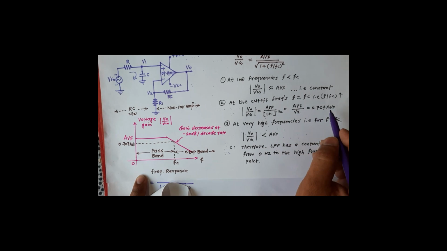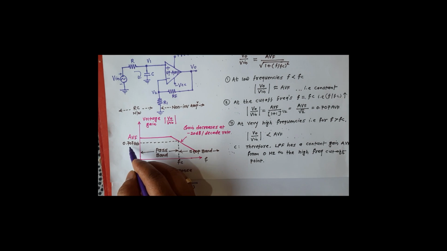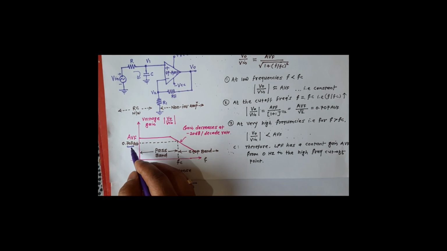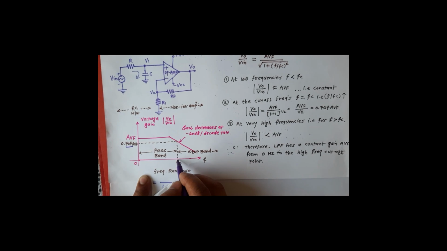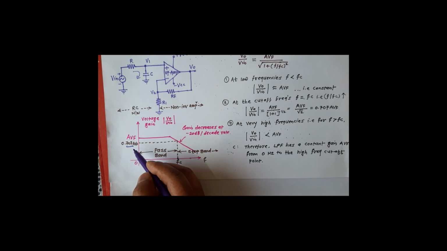The value of this gain is equal to 0.707 AVF. You can see this value in this response. Means when your frequency f is equal to cutoff frequency fC, your gain is equal to 0.707 AVF.